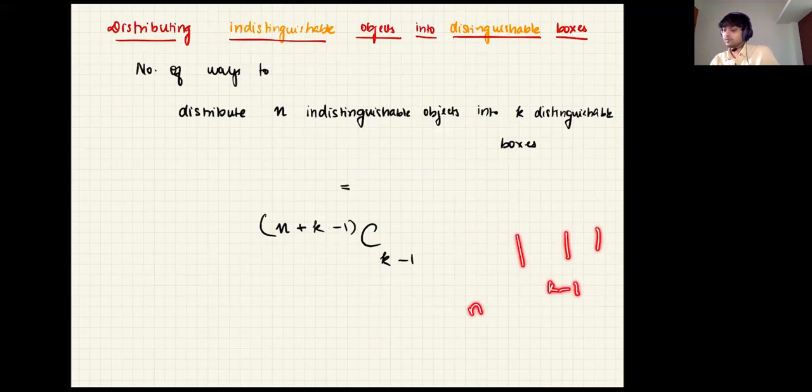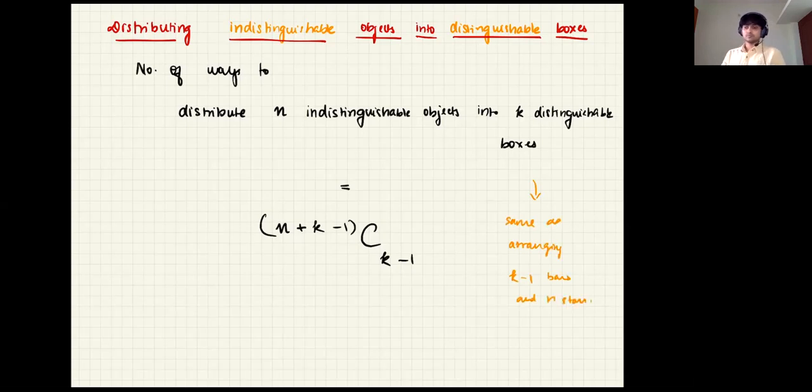Totally you have n plus k minus 1 things, out of which you have to choose k minus 1 positions for the bars. So this is the same as arranging k minus 1 bars and n stars. Okay, and that gives me this.